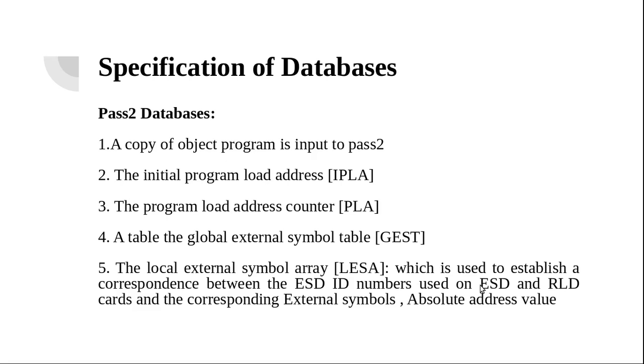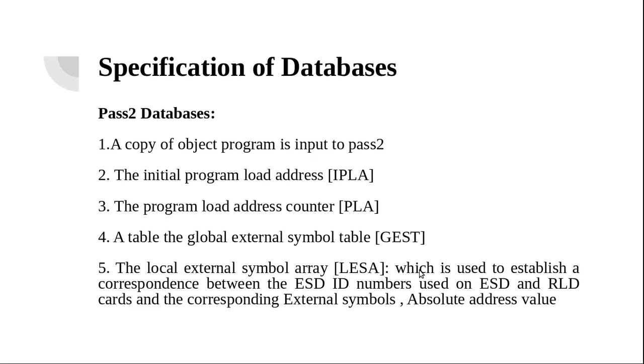Whenever a segment contains address constants, in the RLD card of the corresponding segment we specify how we should change the address constant value at the time of relocation. It will be adding or subtracting another symbol value. But in the RLD card, we will not mention the other symbol's name. We will be specifying the ID of that symbol which is mentioned in the ESD card.